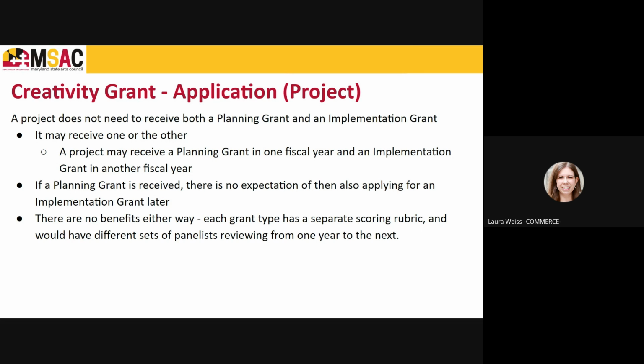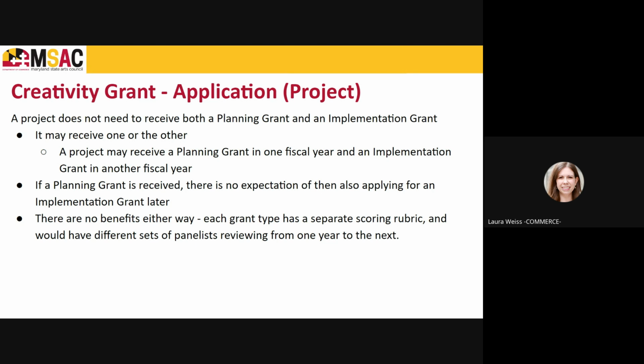If you do get a planning grant, there's no expectation of then also applying for an implementation grant later. So if you just need support for the planning portion of your project, that's fine. You don't have to later apply for implementation, and it doesn't benefit you one way or the other. If you get a planning grant, that's not going to give you bonus points in an implementation grant or something like that.